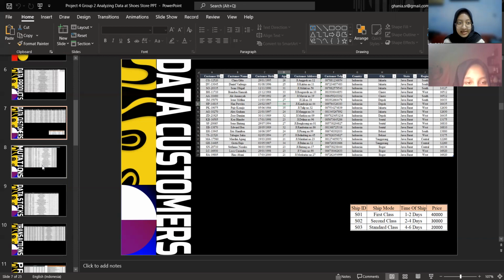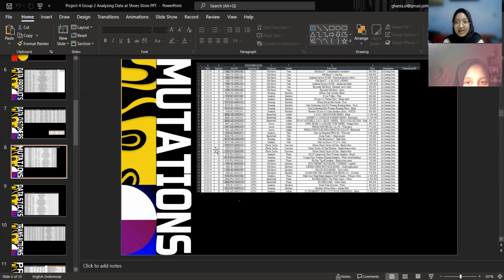Next, we have mutation. Mutation is a table that shows you the quantity of the products, the sold out items, and damaged products. The columns include date, quantity, item ID, mutation ID, categories, brand, item name, price and declaration, and transaction ID.